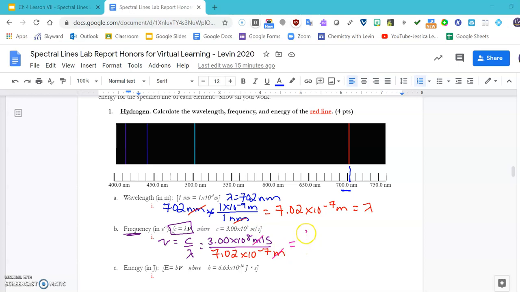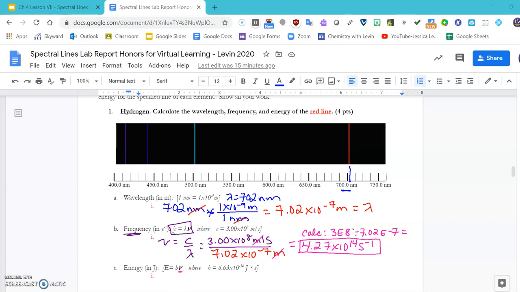I put it into my calculator very carefully using the correct buttons, which is going to be 3E8 divided by 7.02 E negative 7. And I get 4.27 times 10 to the 14th reciprocal seconds. This is the value that I'm going to plug in here.